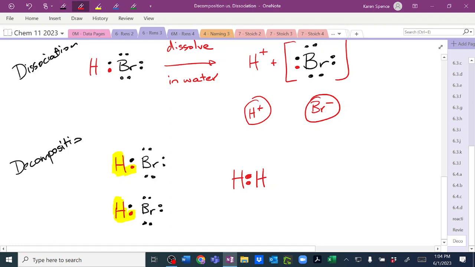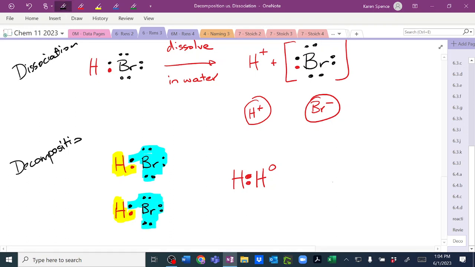Okay, what's the charge of that hydrogen though? It's neutral. Yes, because nobody is taking any electrons from anybody. Now the bromines, they're going to get together with each other and they're going to share their single electrons.